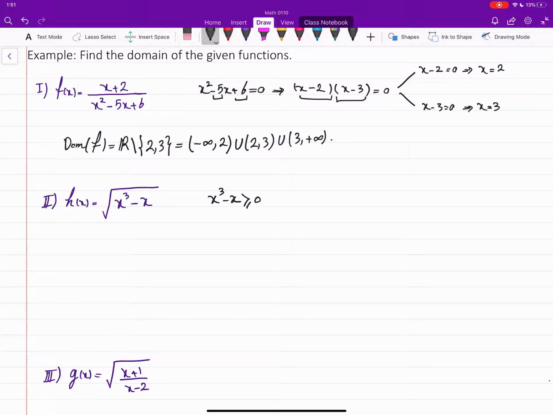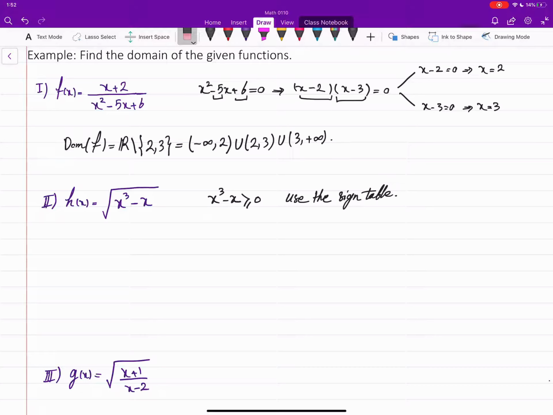Let me first write this. The sign table says where this expression is positive and where it is negative.